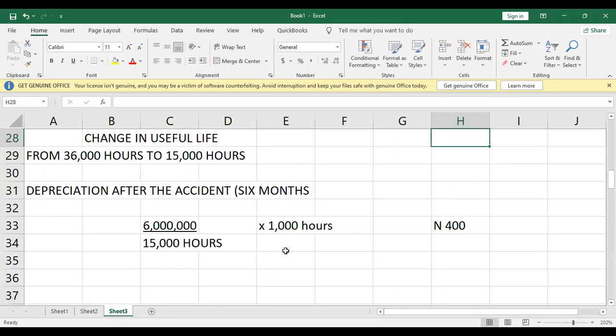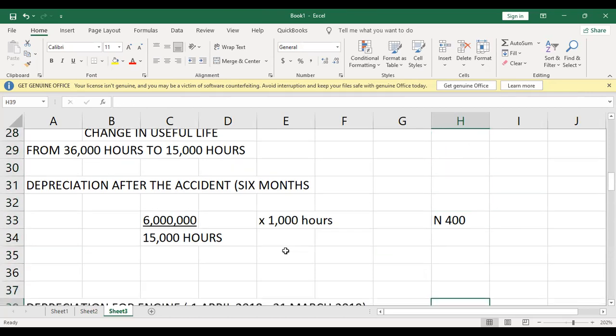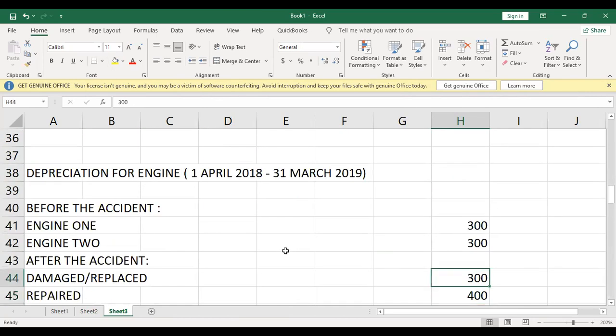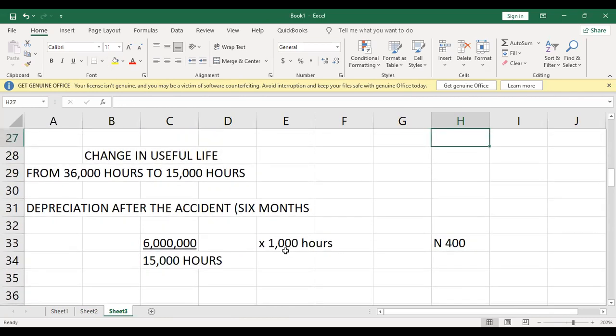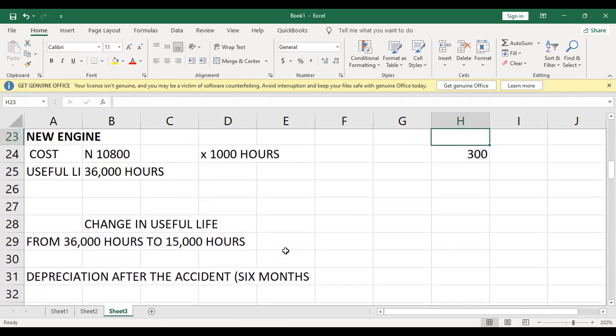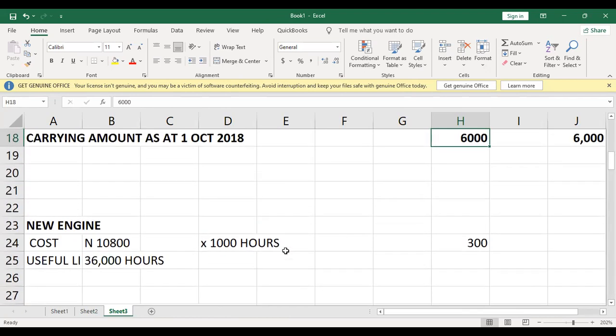Then we're told that there was a new engine that was purchased. It was purchased at 10.8 million. The depreciation is 300. This is the cost of the new engine, 10.8 million minus 300,000.